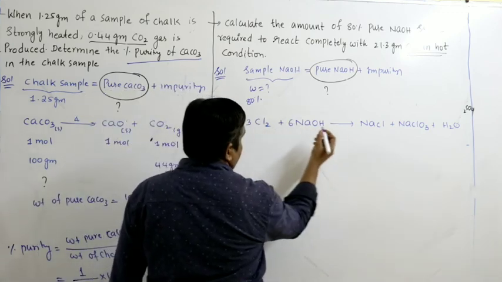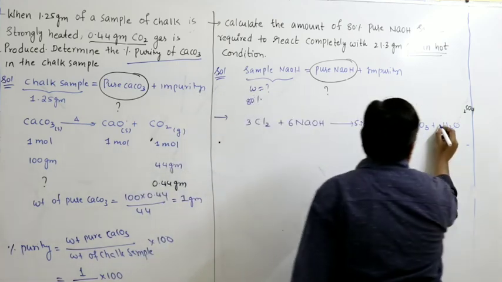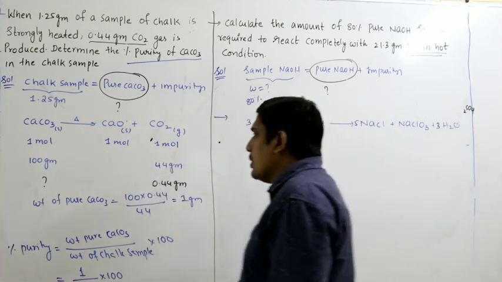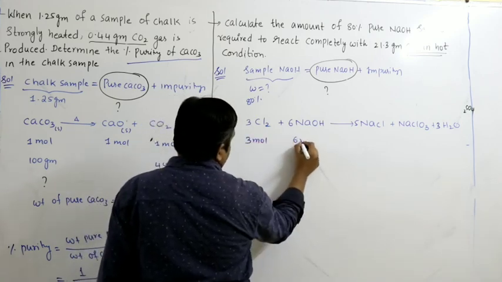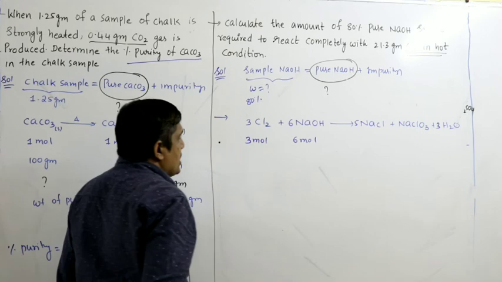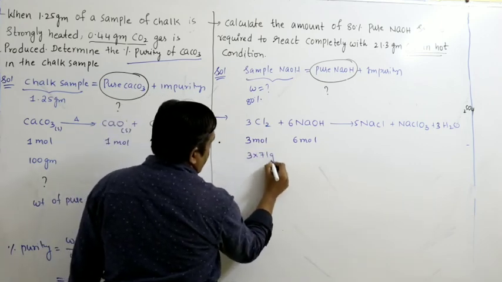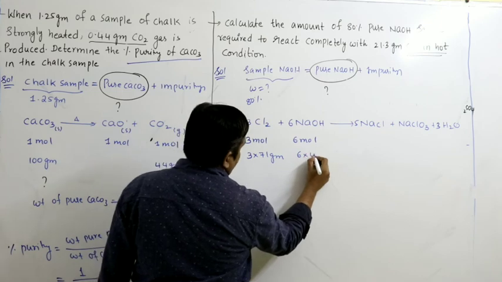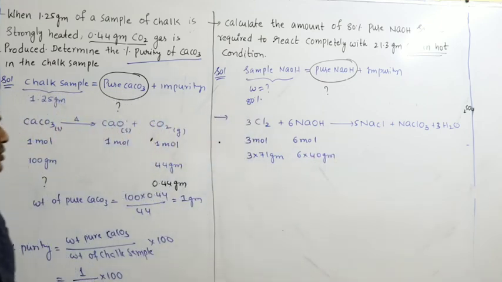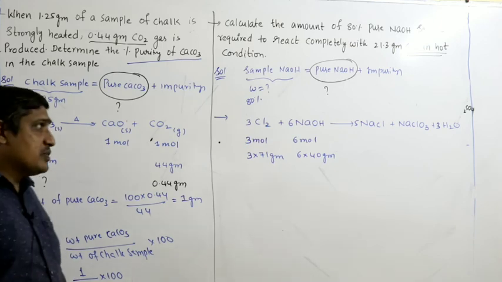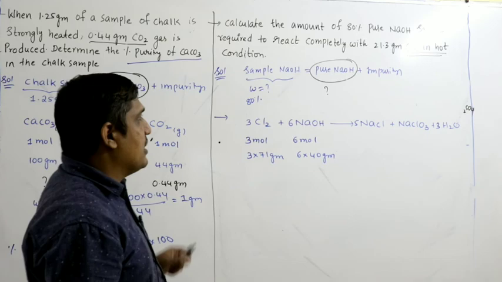Since I have written it a number of times, you can write directly 6 NaOH and 3 H2O. It is balanced. So 3 moles of chlorine reacts with 6 moles of NaOH. 3 into 71 grams of pure chlorine require 6 into 40 grams of NaOH.